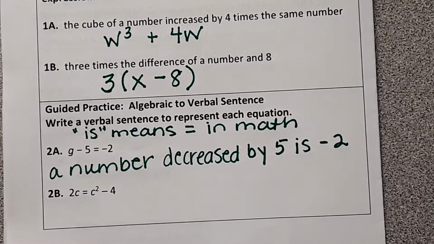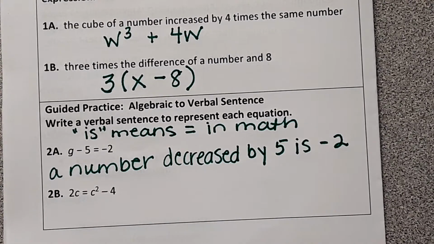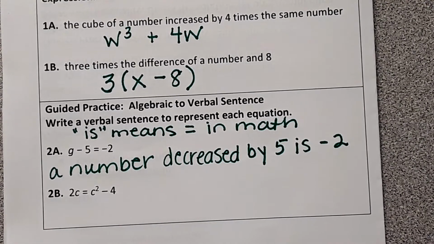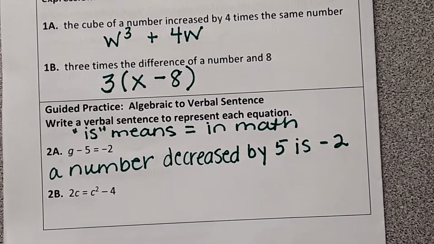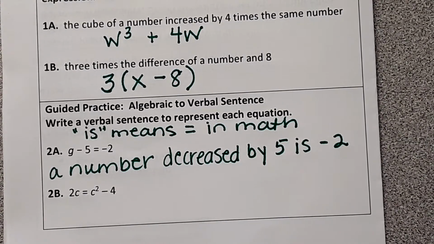Okay. Now, 2C. How would you say 2C? Because that means 2 times C. So how could we say that? The product of 2 and C. Okay, what's another way we could say it, Brandon? 2 multiplied by a number. What's another word that we could use instead of 2?